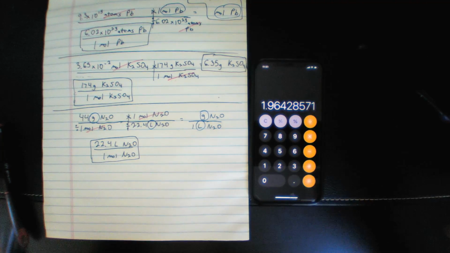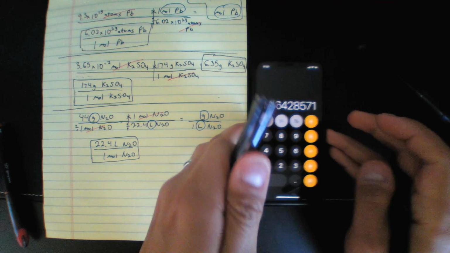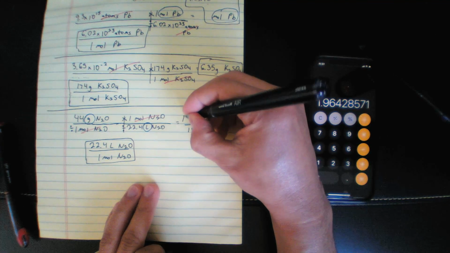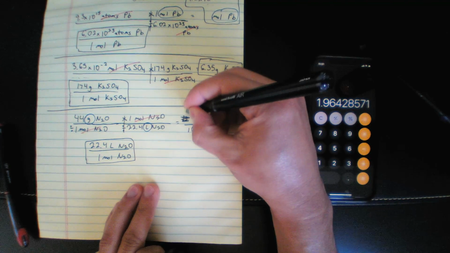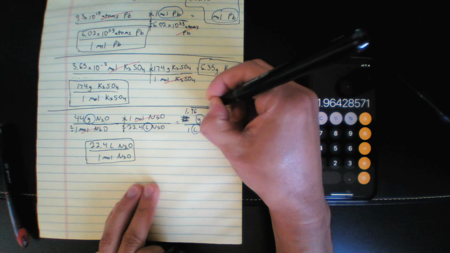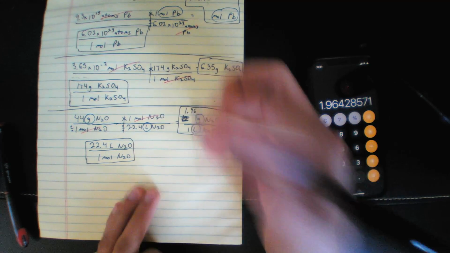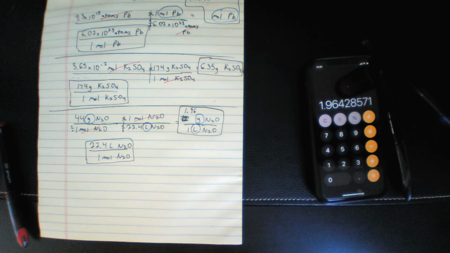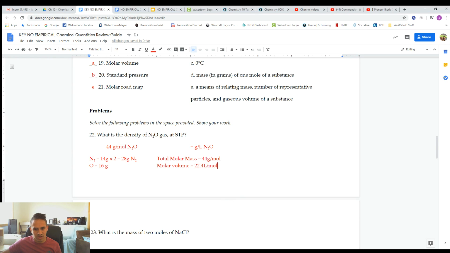So let's just keep it as 1.96. That's completely fine. So our density here is going to be 1.96 grams per liter. That is our density. All right, so let's shift back to our review guide here, and we are going to get 1.96 grams per liter as our density for N2O.